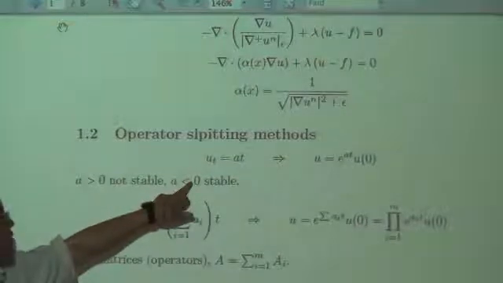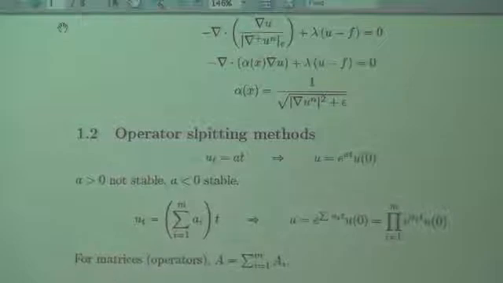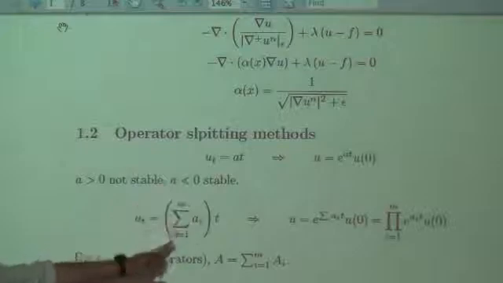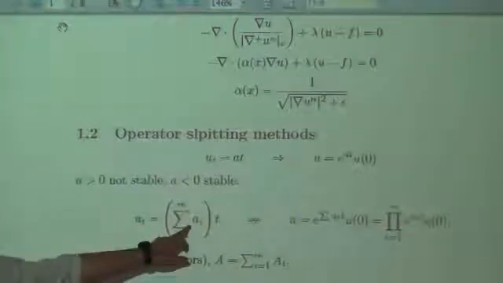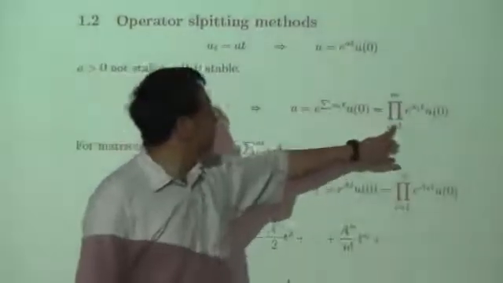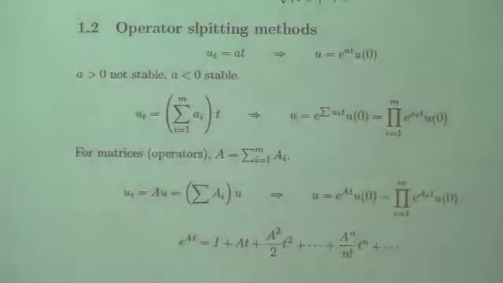If a is less than 0, then it's stable, it decays to 0 very, very quickly. So if you can split this a number into the sum of n numbers, then it is equal to this one, and this is equal to this one. What does it mean?